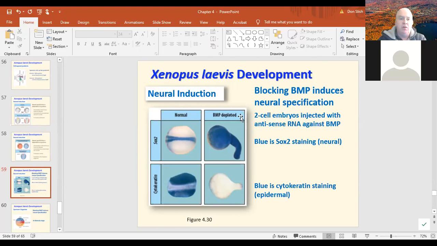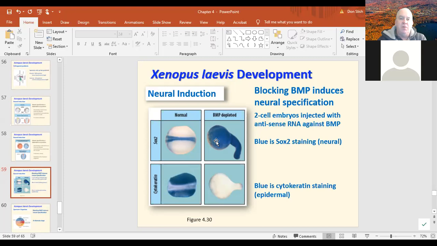What happens with no BMP? What would be neural tissue? This is normal. And then you've got skin on the outside. Normally you've got neural tissue in the middle, which is the blue here, and epidermal tissue on the outside. This is the gastrula. Neural tube has not closed up yet.